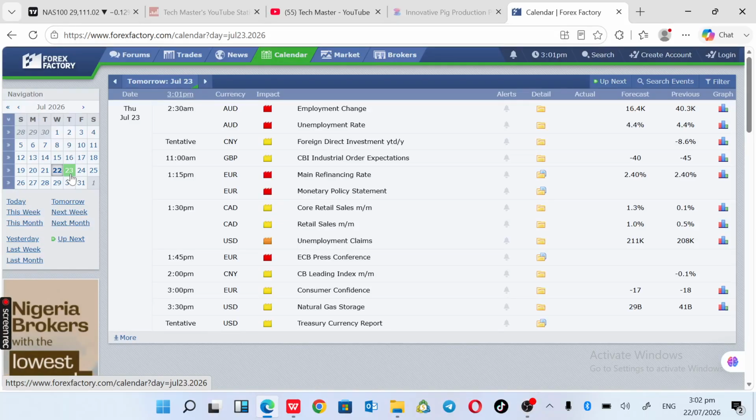So I want to once again advise that risk management in forex is key and very essential. We must consider risk management as one of the most important factors and tools that we must always look out for and maintain before we can take any trade.